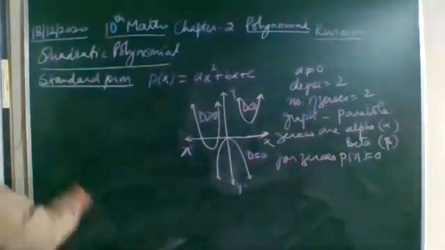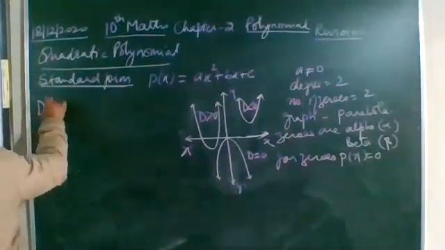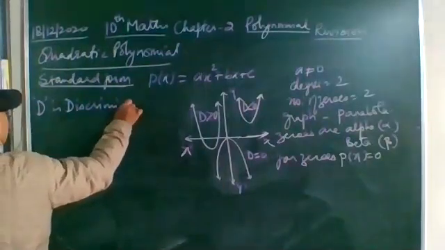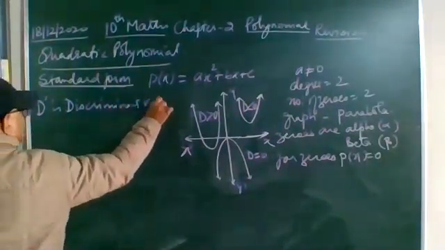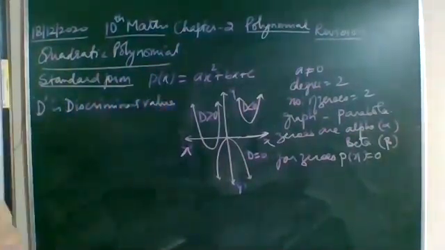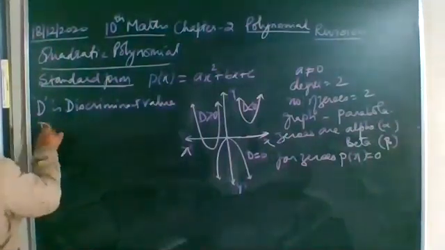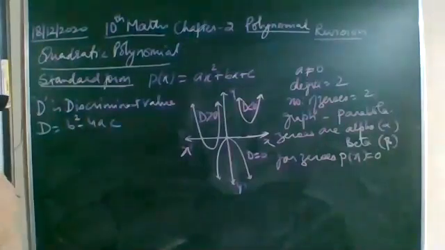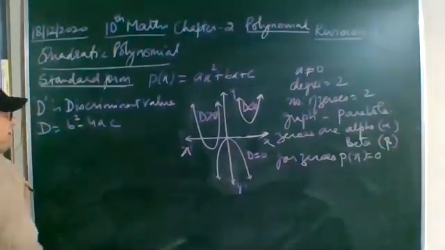D is the discriminant value, and D can be calculated by the formula b square minus 4ac.